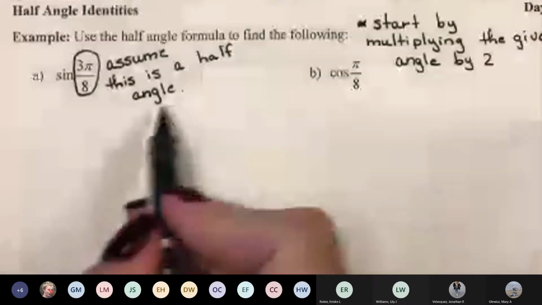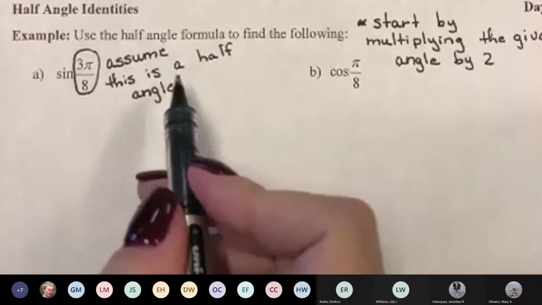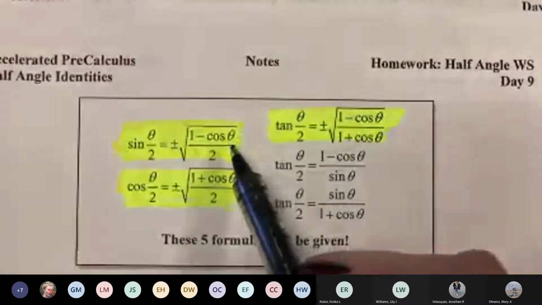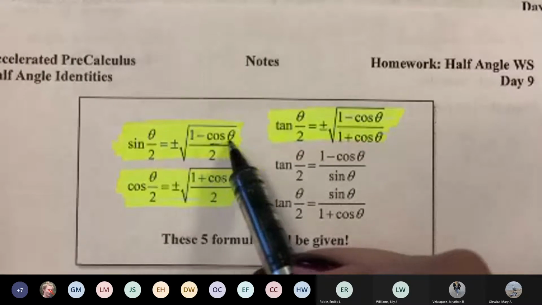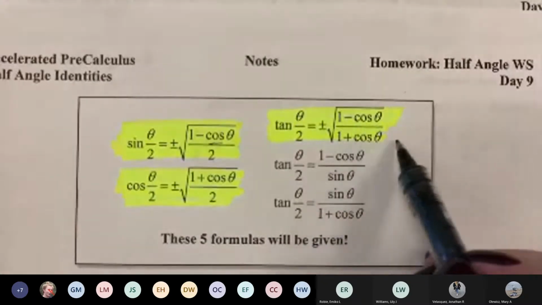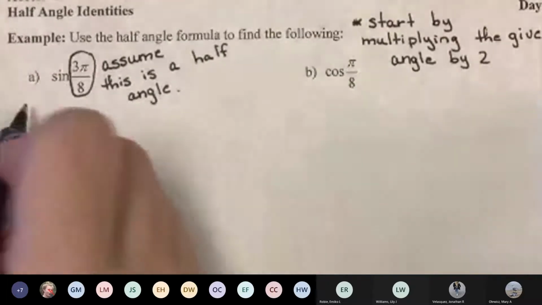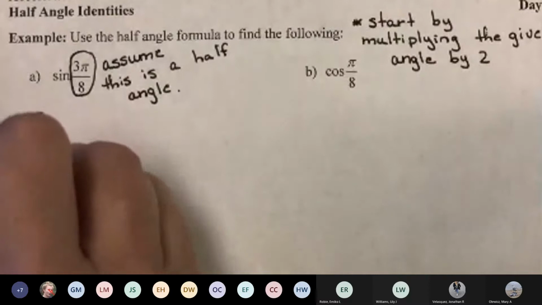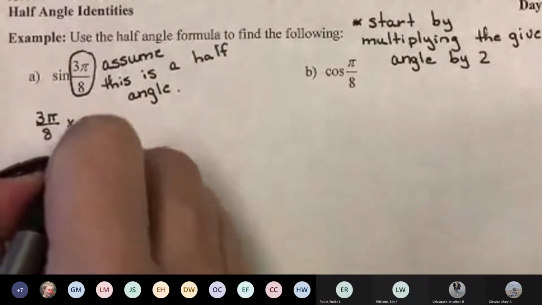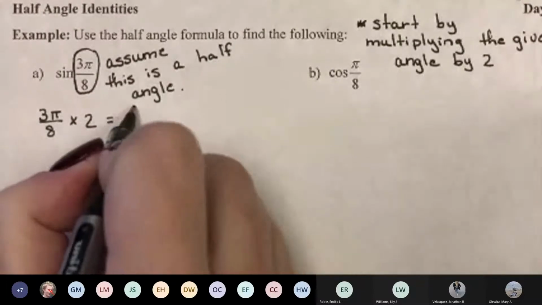Okay, so we're assuming that's a half angle, which means if we want to do our formulas, and again, I'm going to put them back up one more time. These all require the full angle, cosine of the full angle, cosine of the full angle, cosine of the full angle. Well, this is a half angle, which is why for our starting step on these, we're always going to take our half angle times 2 so that we can find out what the full angle is.